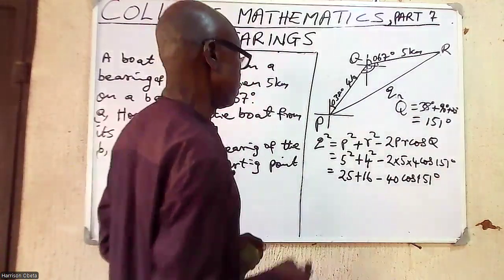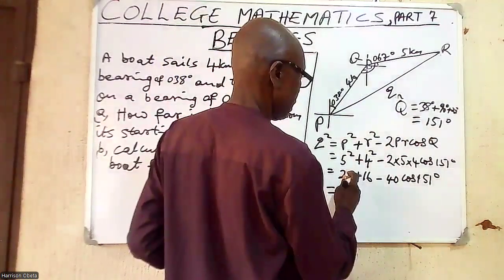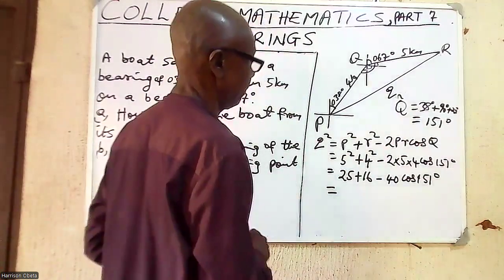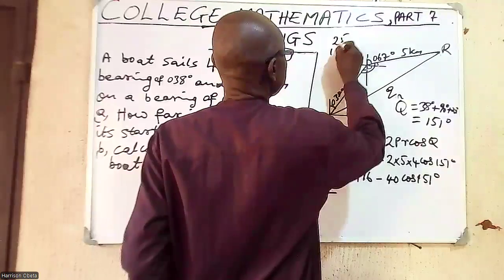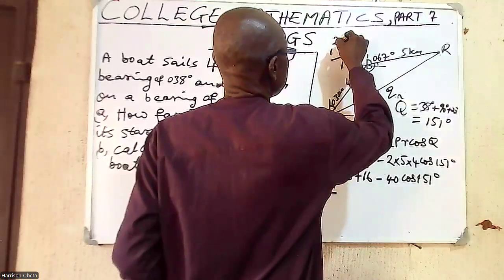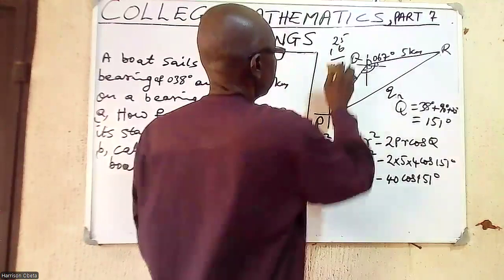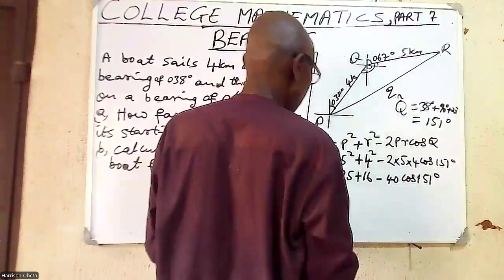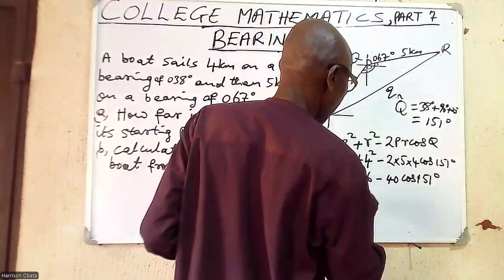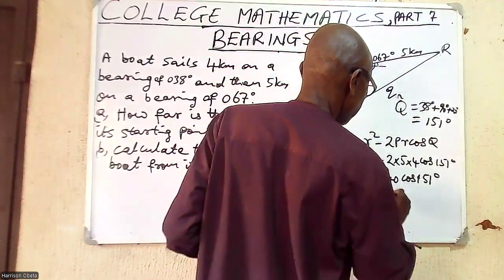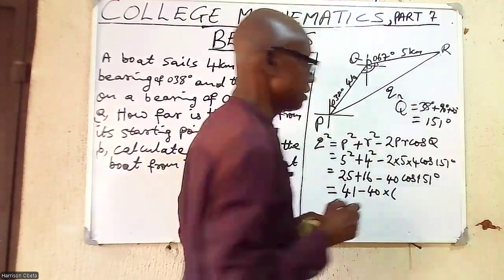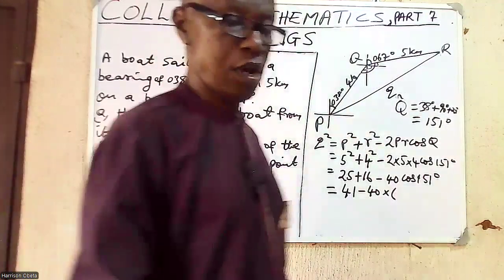In continuation, 25 plus 16 gives 41, so we have 41 minus 40 times cos 151.